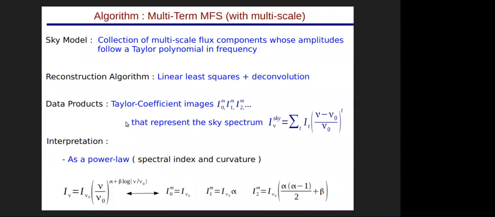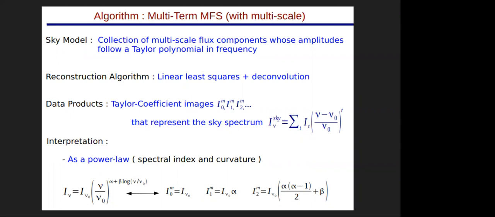Now go to multi-term, that is multi-frequency synthesis. Proshun probably discussed some theory behind this multi-term multi-frequency synthesis, and I will just show you some results here. So what happens if you have a wide bandwidth? Let's say you are observing something with uGMRT, that is the wideband upgraded GMRT, and your bandwidth is 400 megahertz.